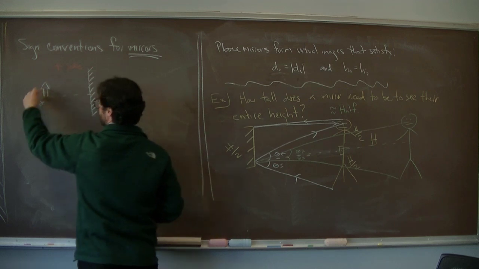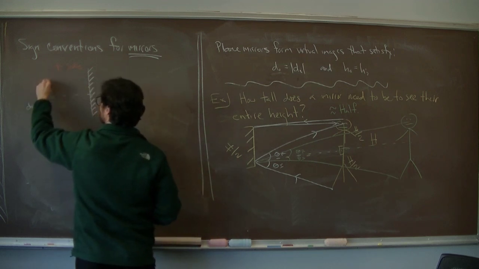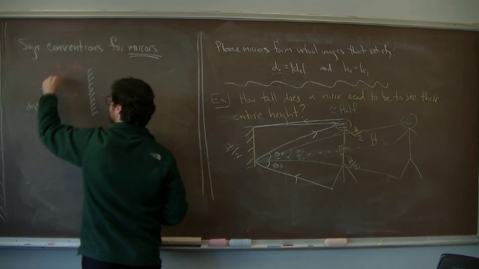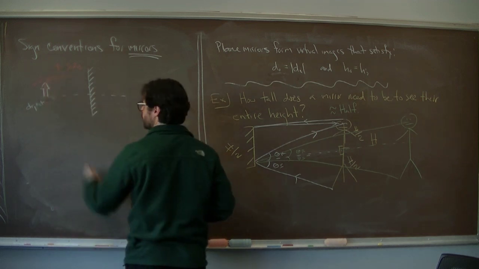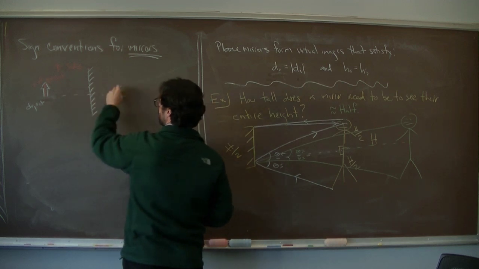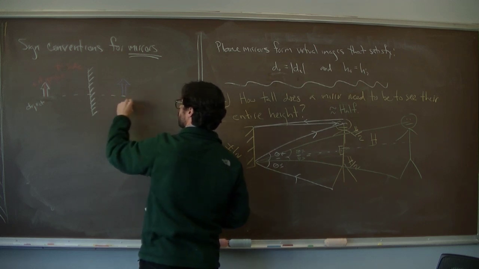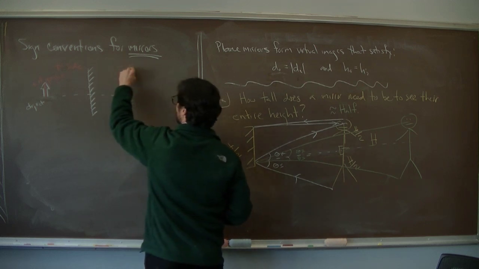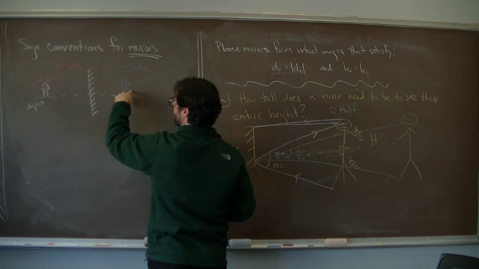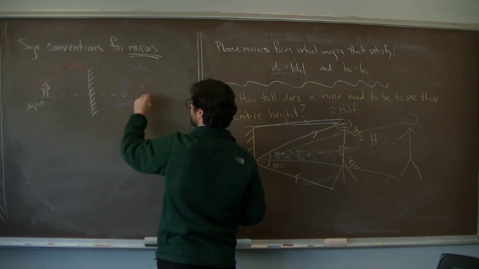And anything that's upright is also positive. And so what we discovered is that when we made an image out of this, the image showed up here. So there's the image. This is the negative side.